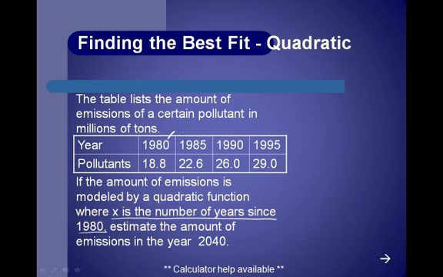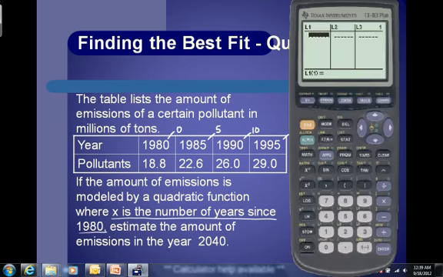So when we go to do our table, this one's going to be 0. 1985 is 5 years since 1980. 1990 is 10 years since 1980. And 1995 is 15 years since 1980. Now if you're doing this on your calculator, remember you need to clear out your list, so you would just put your cursor up on L1, press clear, press enter, and that clears your list out.